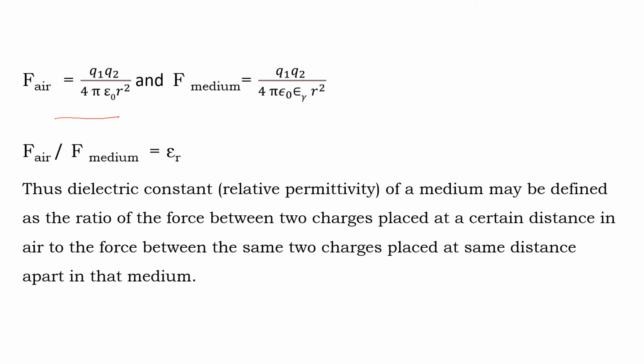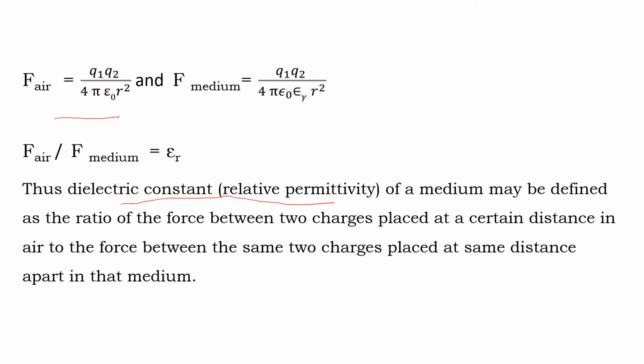And for the medium, Coulomb's law can be represented as 1 by 4 pi epsilon 0 epsilon r Q1 Q2 by r square. Therefore, F air divided by F medium is equal to epsilon r. And this epsilon r is called the dielectric constant or relative permittivity.